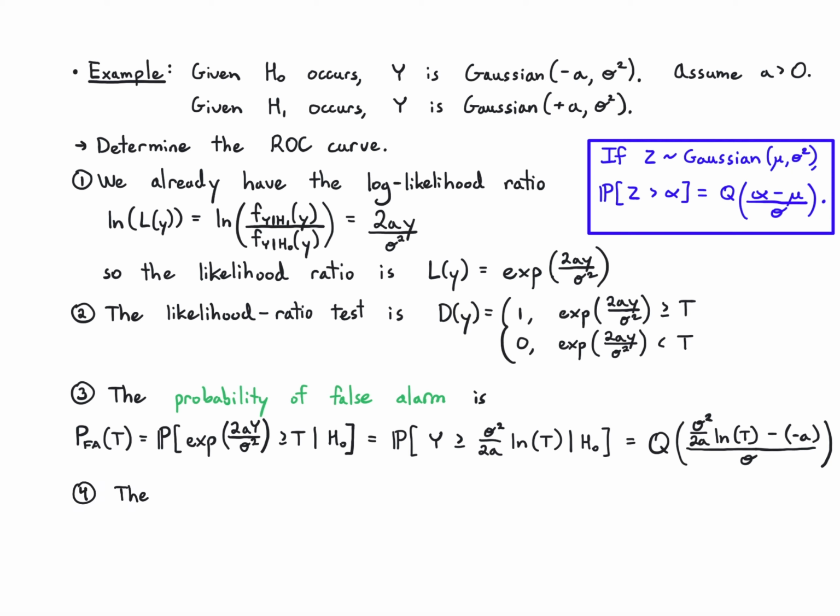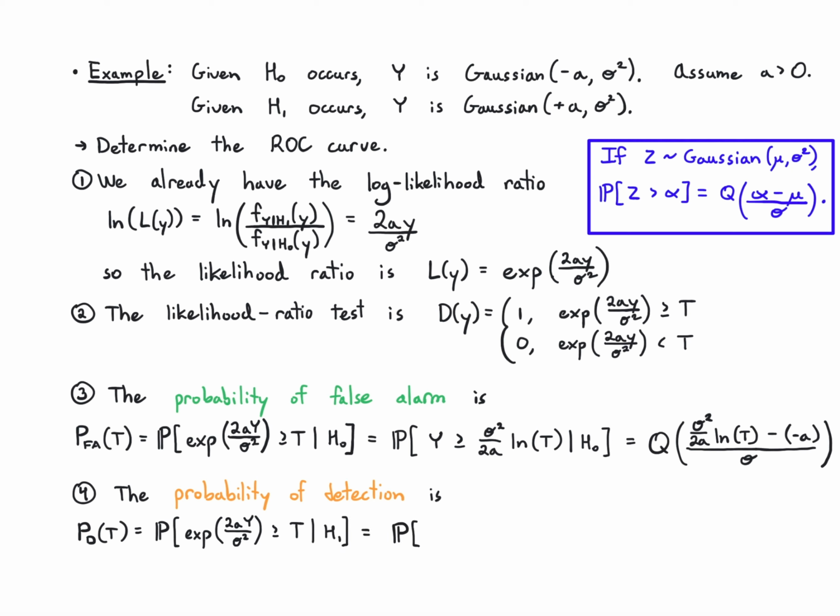And I can do the same thing for the probability of detection, not misdetection, but detection. What we worked out before was the probability of misdetection, so we're just flipping it a little bit. The probability of detection is the probability that my likelihood ratio is larger than or equal to t, under H1 now, because I'm trying to detect something that actually occurred.